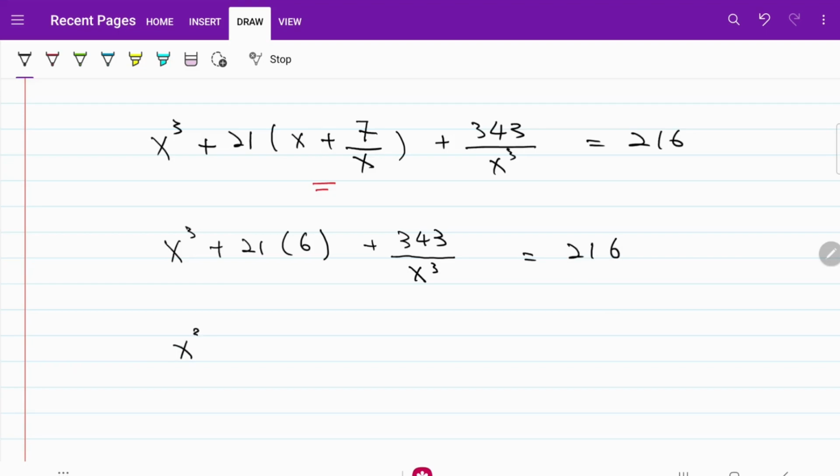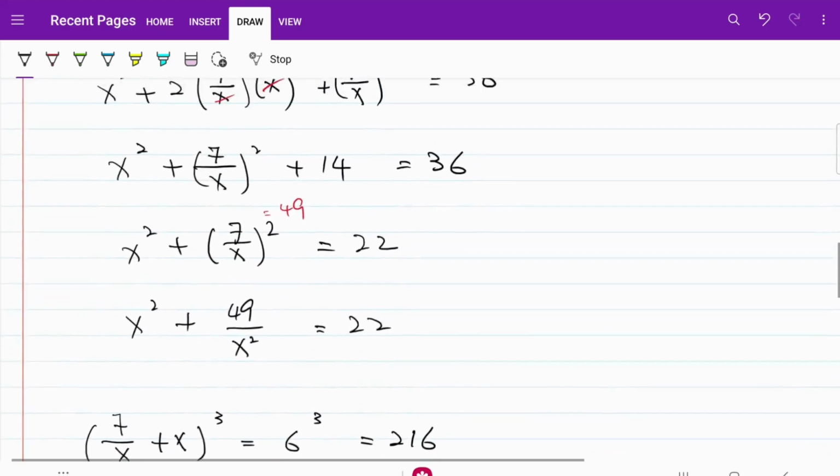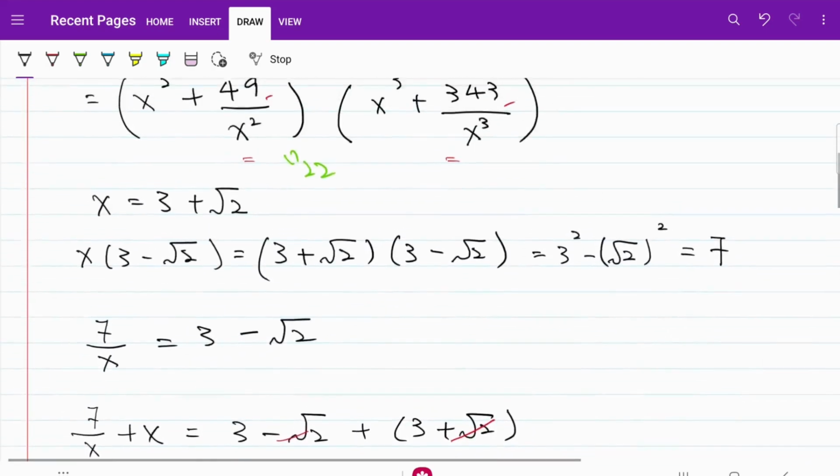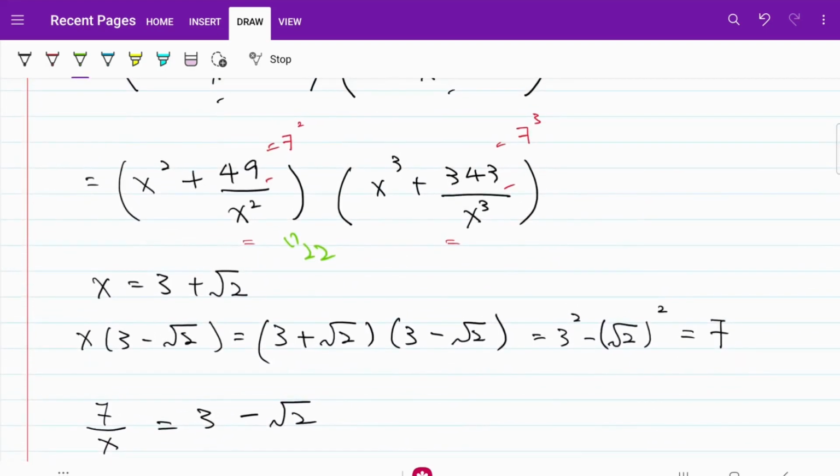In other words, x cubed plus 343 over x cubed is equal to 216 minus the product of 21 and 6, which is equal to 90. And let's go back to check on our brackets. x cubed plus 343 over x cubed is exactly what I have on the second bracket, which is equal to 90.